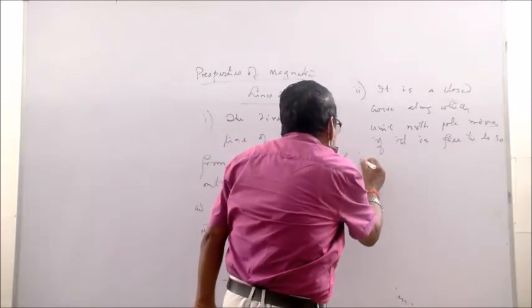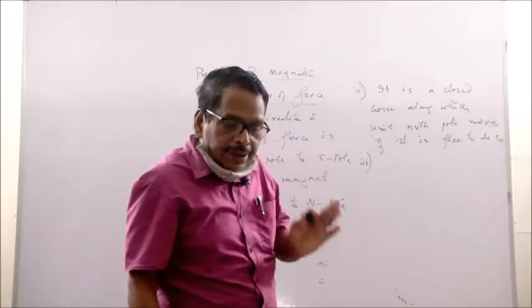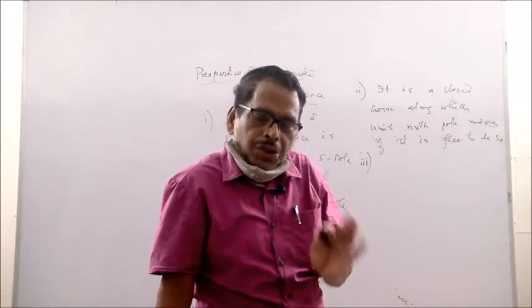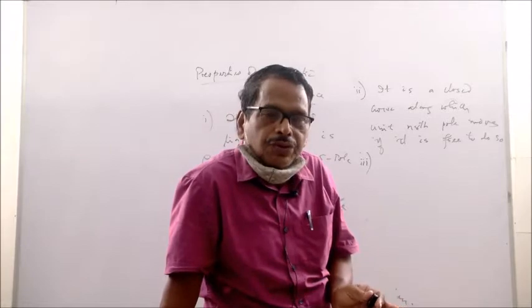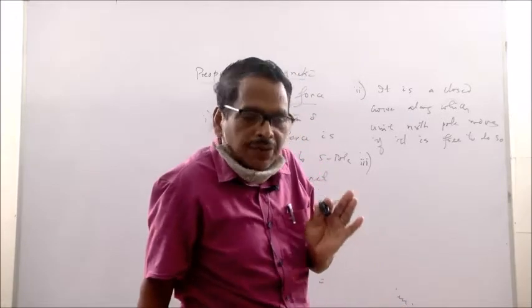Third point, it is a curve so drawn that the tangent drawn at any point of the magnetic line of force gives the direction of the resultant field intensity.